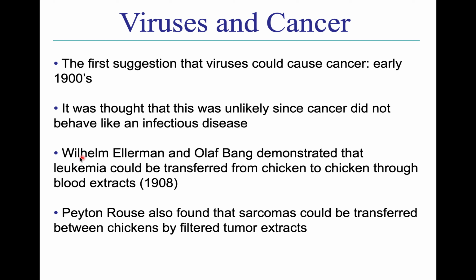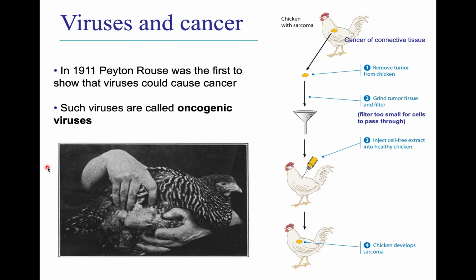So Ellermann and Bang were able to show that leukemia could be spread chicken to chicken through transfer of blood extracts. And then the very famous Nobel Prize winning experiments of Peyton Rous showed that sarcomas, these solid tumors, could actually be spread chicken to chicken through filtered tumor extracts. Just to remind you, he was dealing with chickens that had this sarcoma, which is cancer of connective tissue, remember?